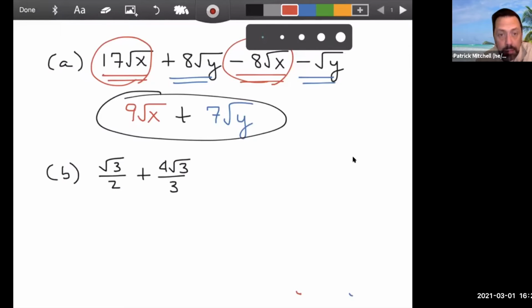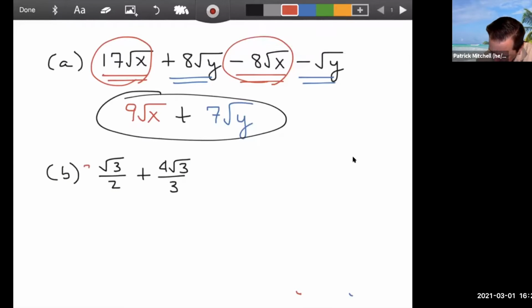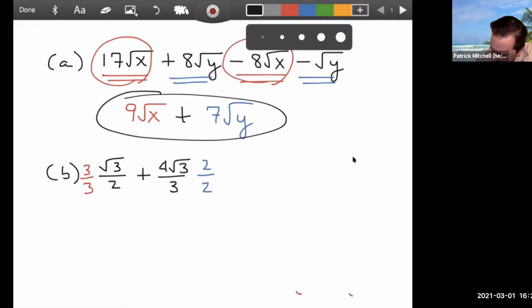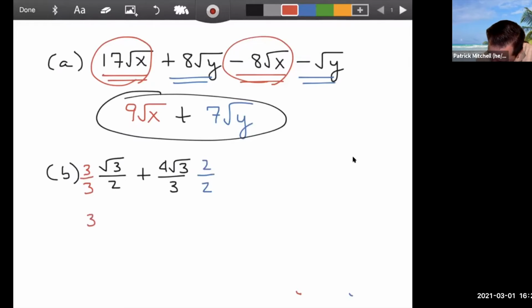To make the denominator 6, I'm going to multiply this one by 3 over 3, and the other one by 2 over 2. And that is going to give me 3 root 3 over 6 plus 8 root 3 over 6.